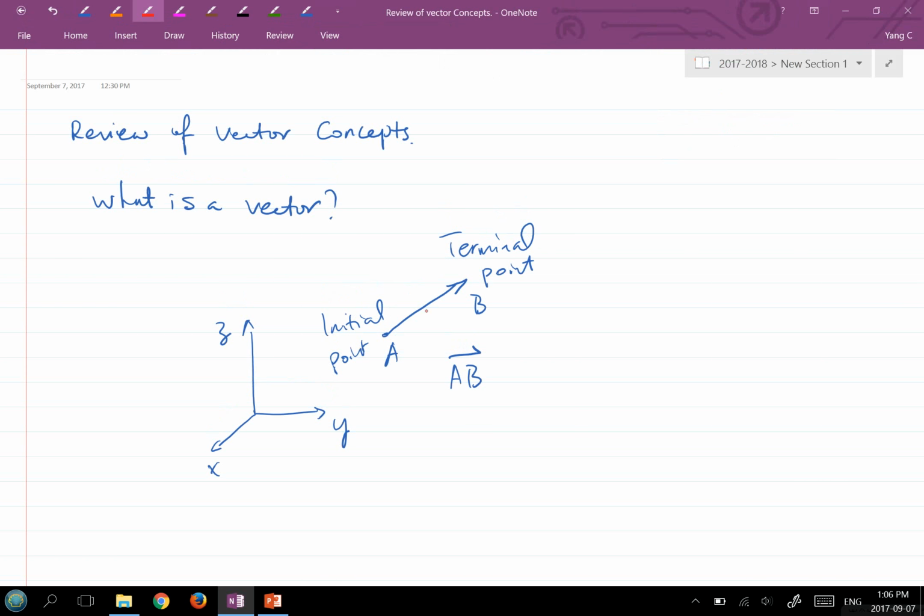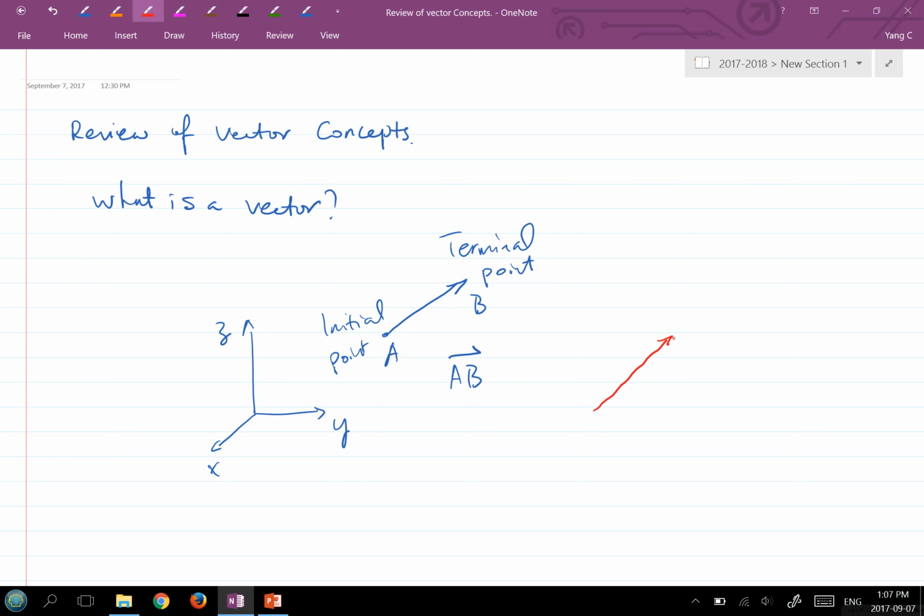I'm not going to change the direction of AB, and I'm not going to change its length. All I'm going to do is make an identical copy of AB and move it parallel, not changing the direction, to somewhere else in the 3D space, say over here.